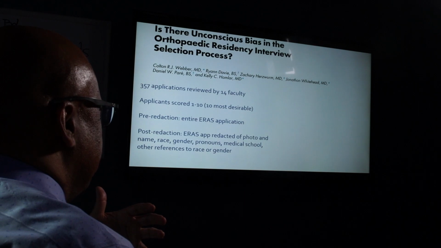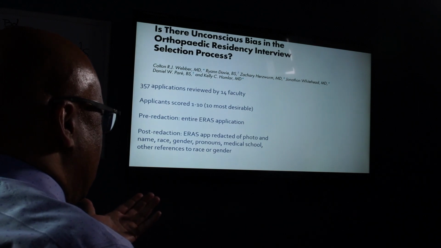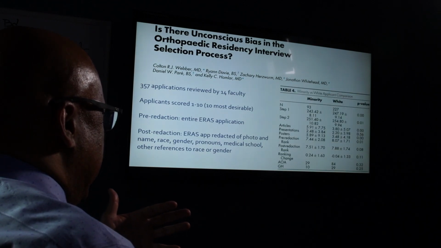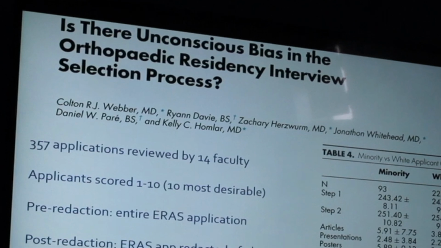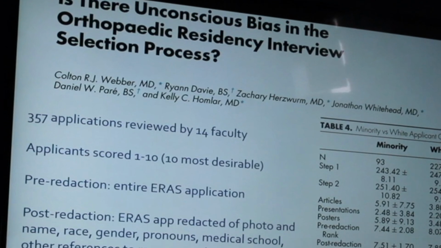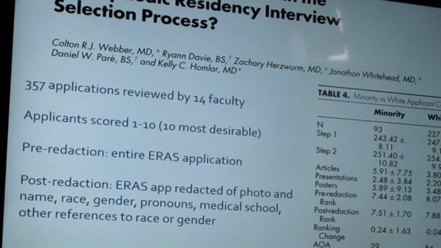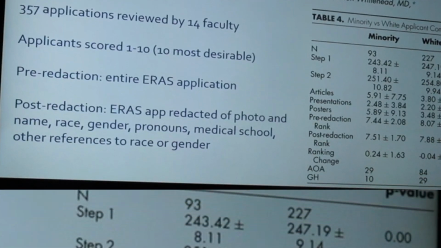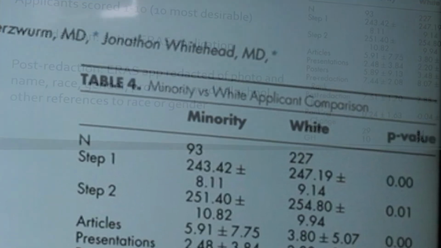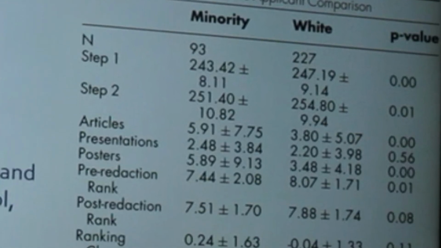Here's another study looking at something similar, but with faculty who select from applicants to orthopedic surgery residency programs. In this experiment, applications that 1 year previously had been reviewed and selection processes made were brought back, those same applications, and reviewed by the same faculty.